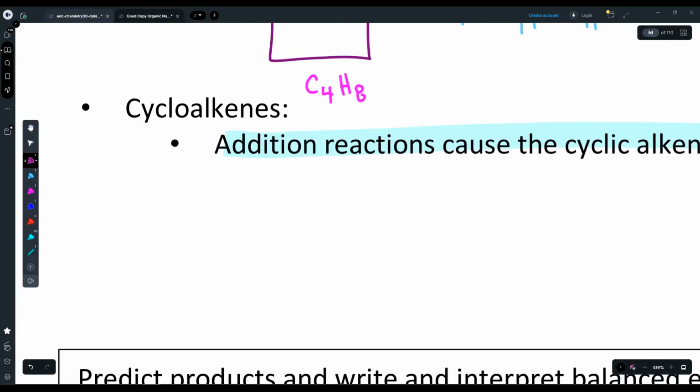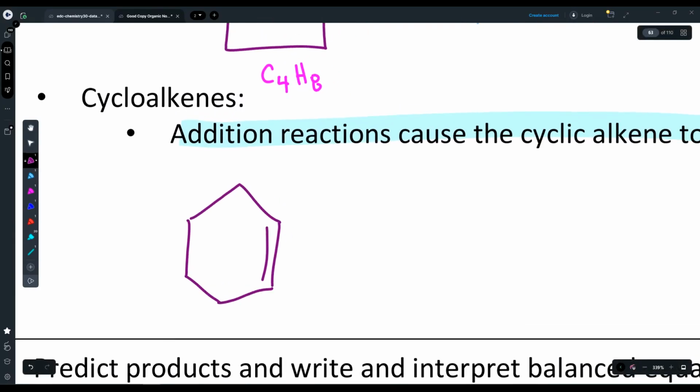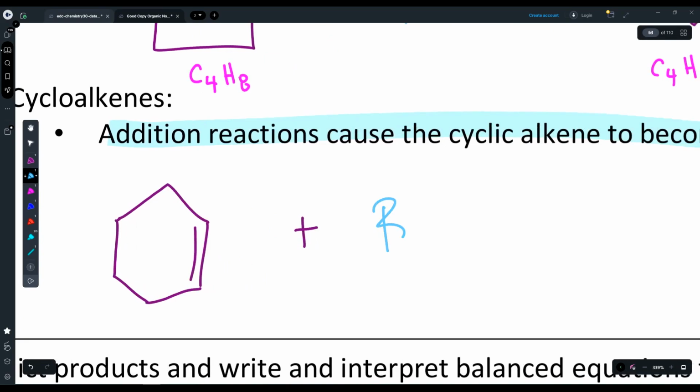So for example, let's say we had this. That'd be cyclohexene, and let's say we are adding bromine.